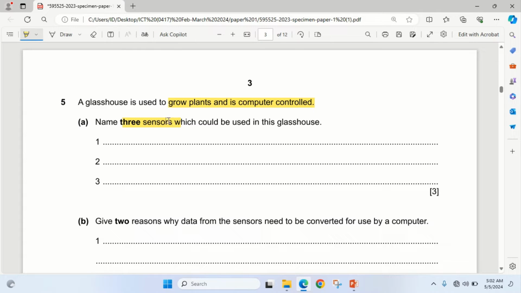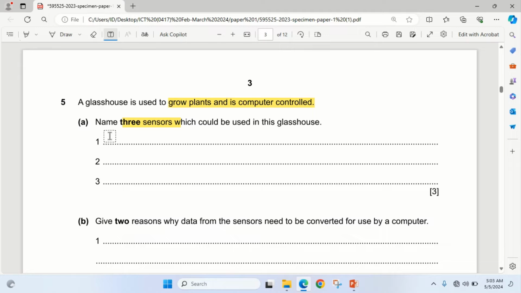So in a glass house and you are growing plants, for plants to grow biologically, you need temperature, you need light, you need water or moisture. So those are the points that will give you the kind of sensors that will be used to input data in that scenario.